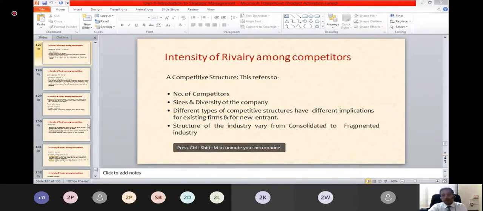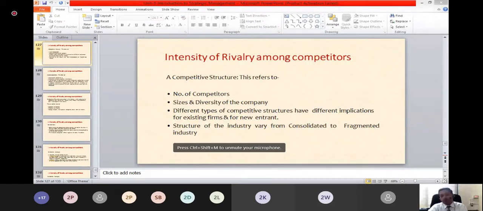Different types of competitive structures have different implications for existing firms and new entrants. Whatever competitive structures are there, every structure will have different implications for the existing firms as well as new entrants. The structures of the industry vary from consolidated to fragmented.